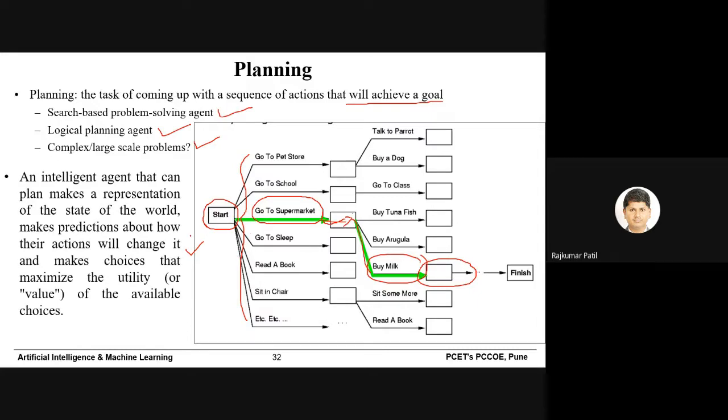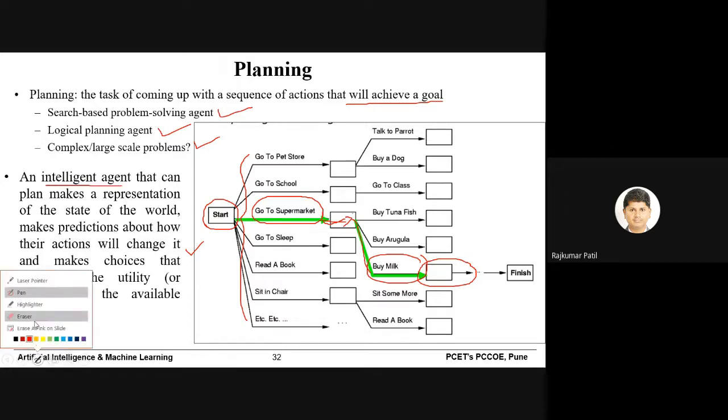So the intelligent agent or system that can plan makes a representation of the state of the world, makes predictions about how its actions will change it, and makes choices that maximize the utility of the available choices.